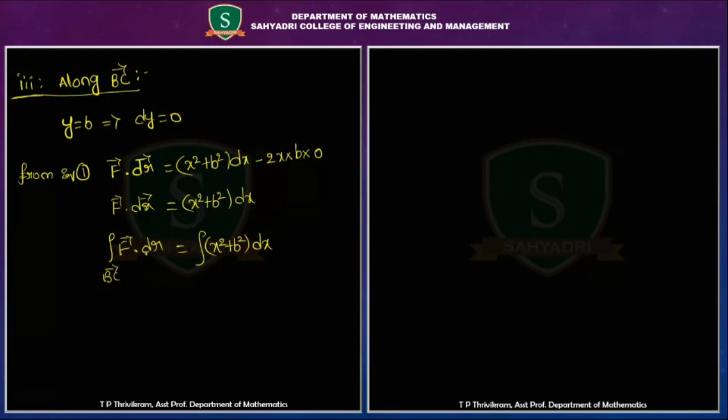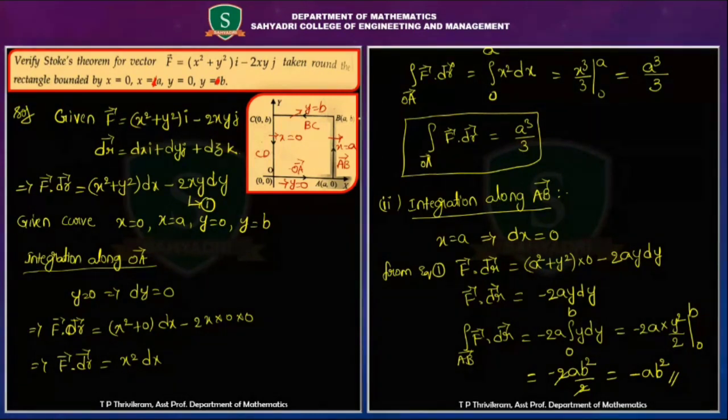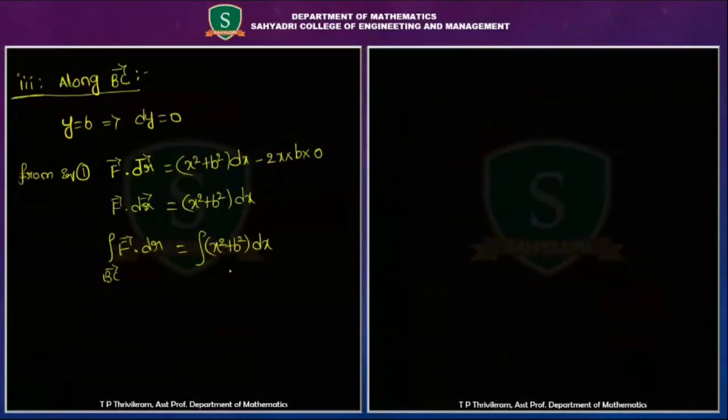So what are the limits? The limits are from where to where? Not 0 to b, not 0 to a. For the BC line, B to C: a to 0. Okay. Along the BC line, a to 0 we will get.